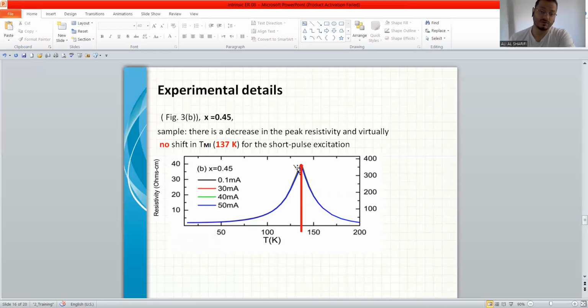Let me explain how. Here at 0.1 milliampere is the maximum resistance, and when increasing it, the resistance starts to decrease, but a little bit smaller than when x was equal 0.4. We have a decrease, but it's very, very small compared with the last image.